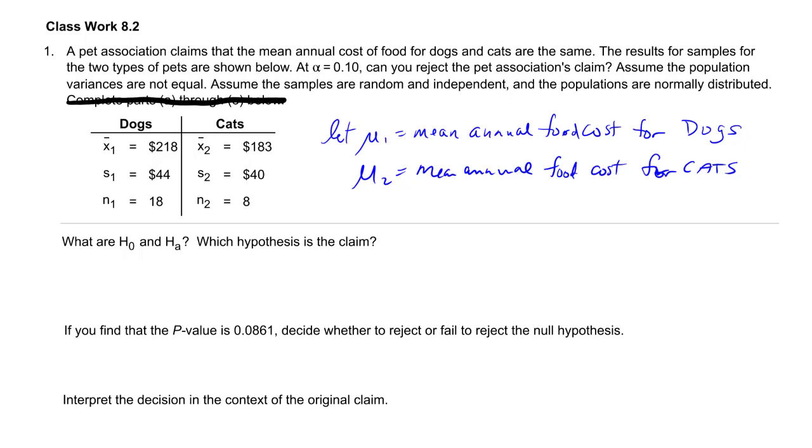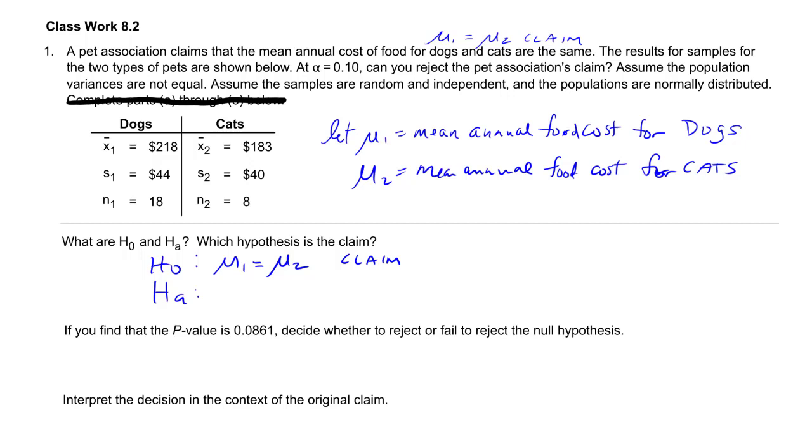Okay, so what is it? They're claiming that these two things are equal. So mu1 equals mu2 is in fact the claim being made here. When we go to set up our null and alternative hypotheses, obviously the equals case is the null, mu1 equals mu2, and that is the claim.